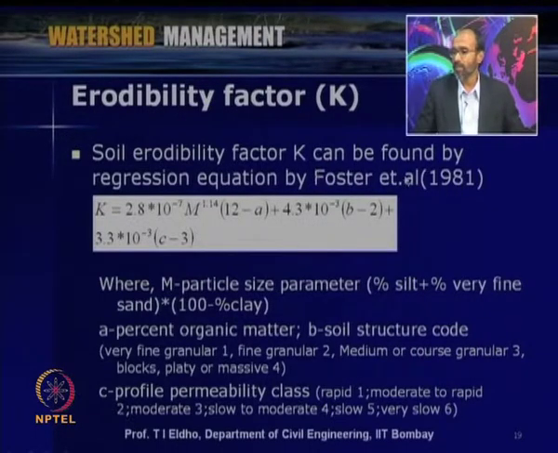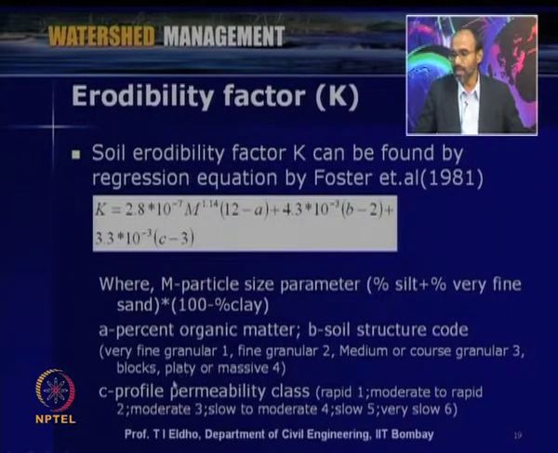A number of equations are available; one of the commonly used equations is written here: K = 2.8 × 10^-7 × m^1.14 × (12 - a) + 4.3 × 10^-3 × (b - 2) + 3.3 × 10^-3 × (c - 3), where m is the particle size parameter, that is, (percentage of silt plus percentage of very fine sand) × (100 - percentage of clay), and a is percentage organic matter. b is the soil structure code: very fine granular is 1, fine granular 2, medium or coarse granular 3, and blocky, platy or massive 4.